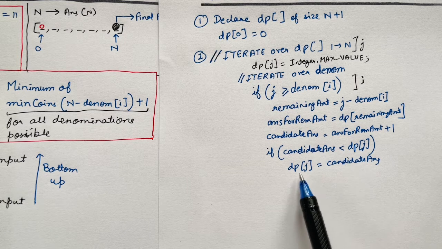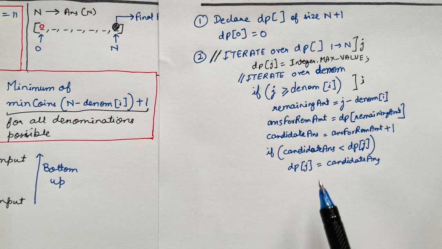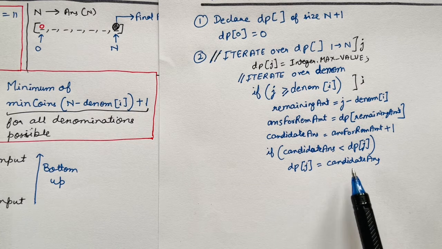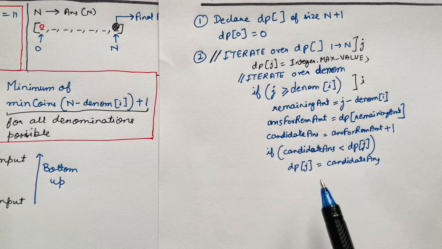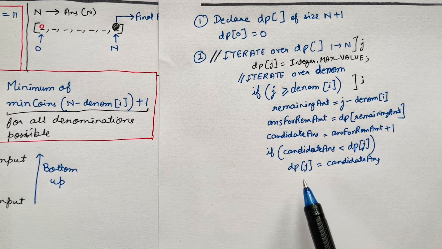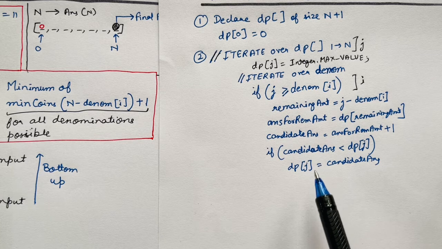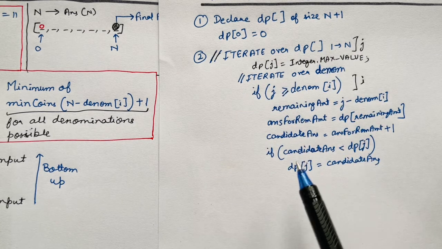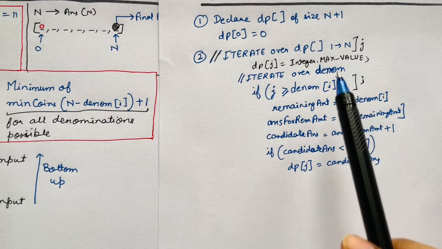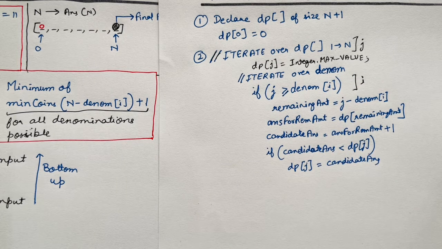If it is less, then we update dp[j]. This way dp[j] will be minimum when we complete all iterations for all denominations. So this way we can fill every index, and when we are done with all the iterations, we can return dp[n], which will be our final answer.